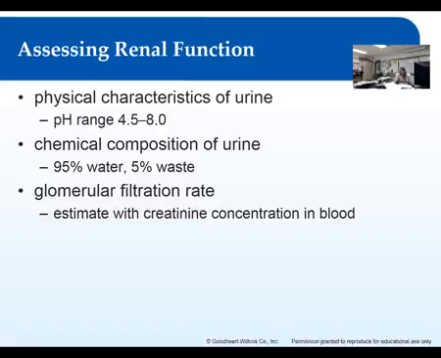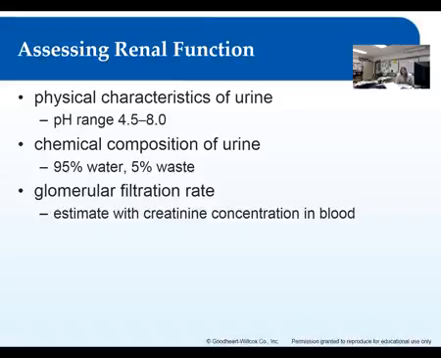Typical daily volume of urine is 0.5, or half, to 2 liters. That's a normal urine output. Chemical composition of urine: it's 95% water, 5% waste, mostly water. If you're not drinking enough water, though, that will change.